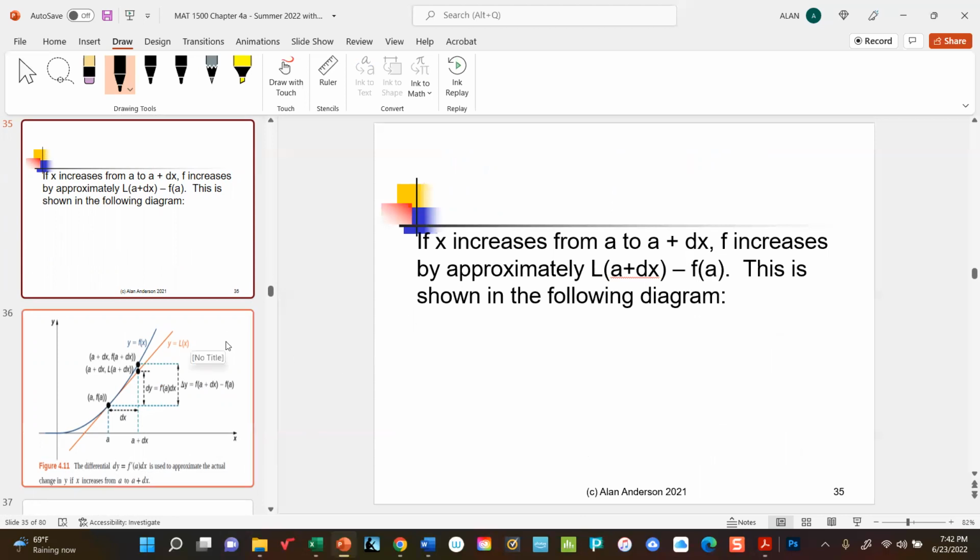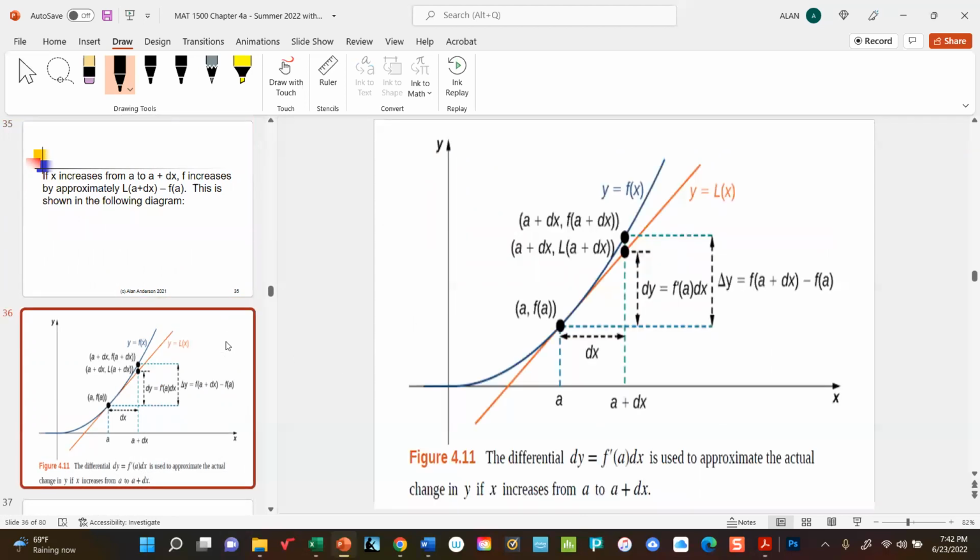All right, so let's look at the graph and see what this is all about. So again, it looks terrifying at first, but let's start at the horizontal axis. Here's the starting point. We have a, some constant. Here's a, f of a. Okay, so this is the point a comma f of a. Then we increase x by a tiny, tiny, tiny amount. So the question is, what happens to y?